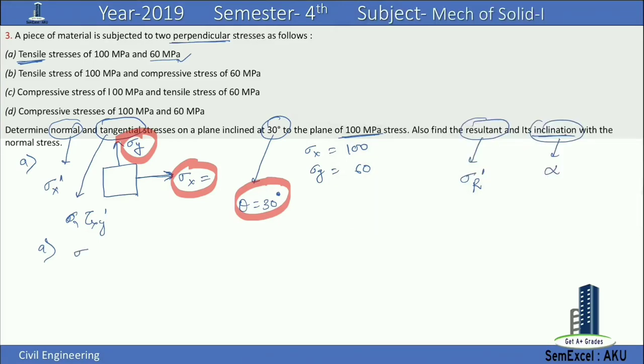Sigma x is equal to 100, sigma y is equal to 60, theta is equal to 30 degrees, and we have to find out sigma x dash, sigma y dash, tau xy dash, sigma r dash, and alpha.